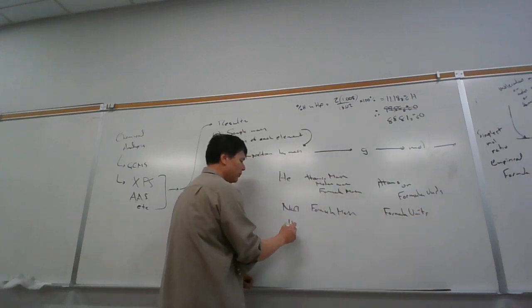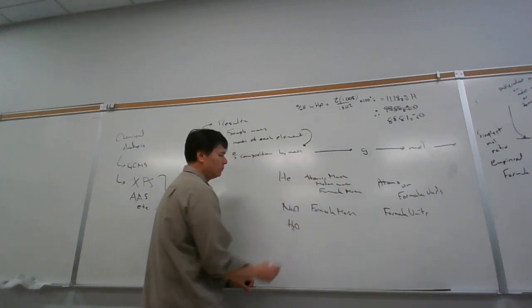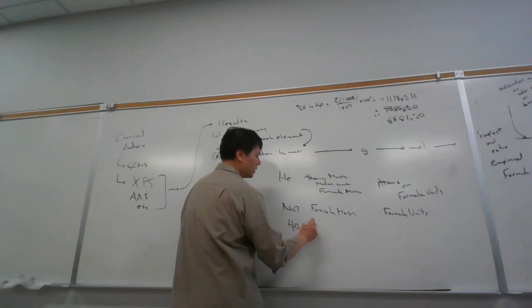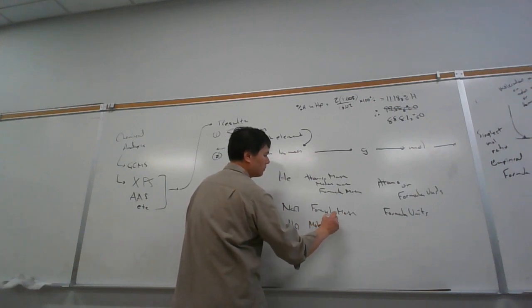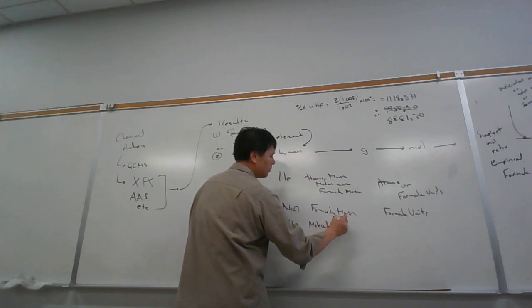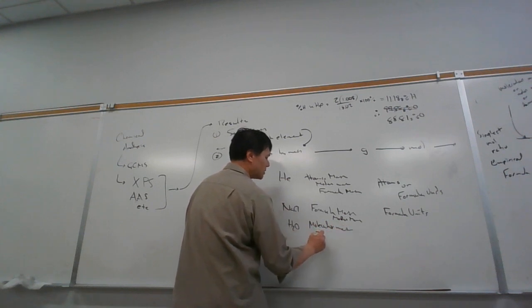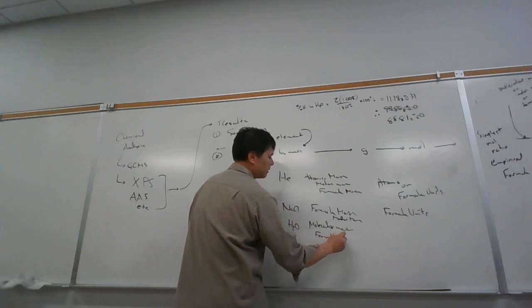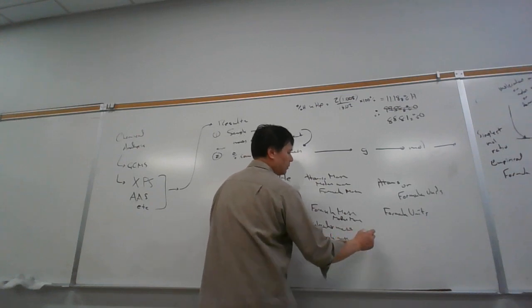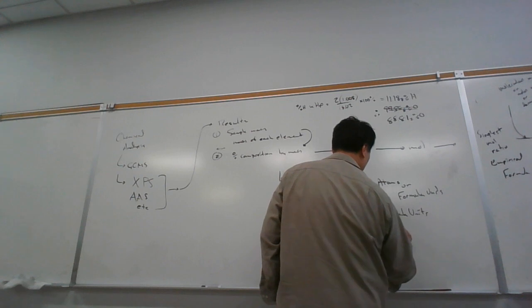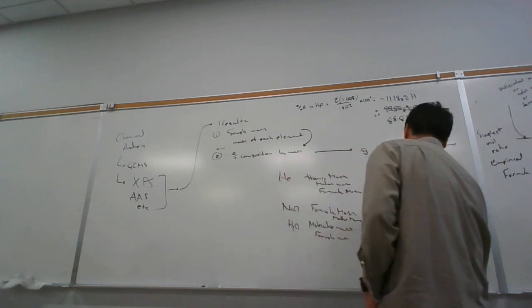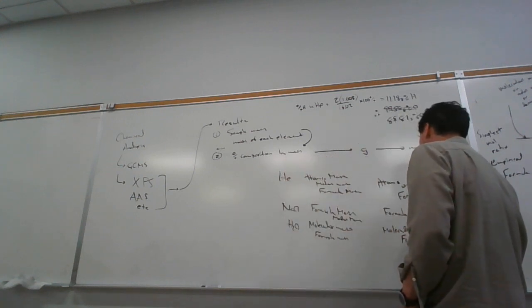Whereas H2O, we could have molecular mass or molar mass. I forgot molar mass here. At H2O, we could have molecular mass, formula mass, we'd have molecules, or we'd have formula units.